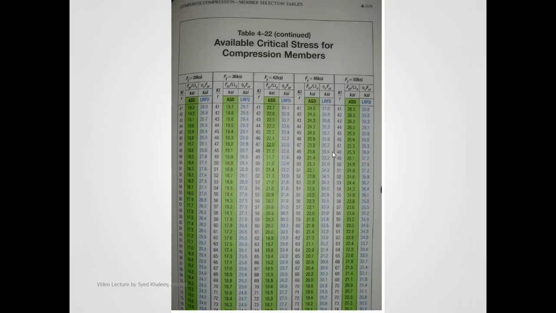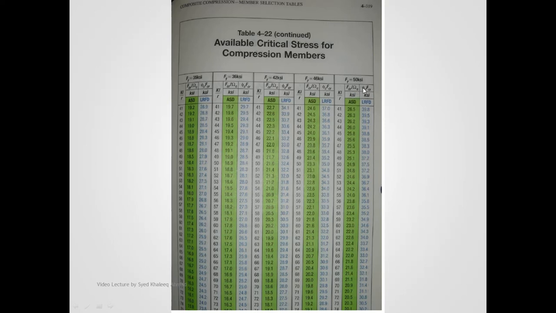So we see here, for 54.55 we have 54 and 55. We will take these two values and then do interpolation between them, for Fy equal to 50 ksi. We will look at this phi c FCR. This is for LRFD, and this is for allowable stress.